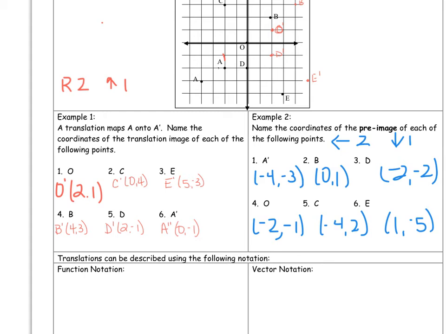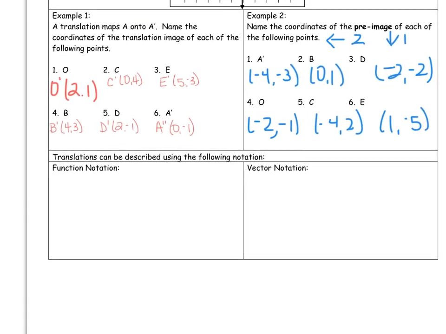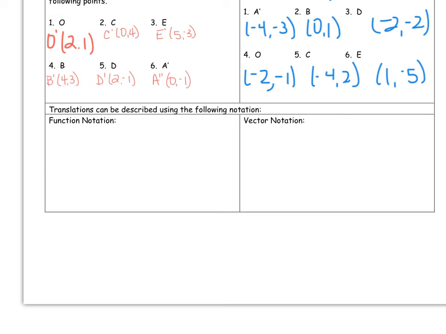Okay, so translations can be described using two types of notation. So what did we do to take our pre-image to our translated image? We can use function notation and vector notation. Function notation is the algebraic notation.